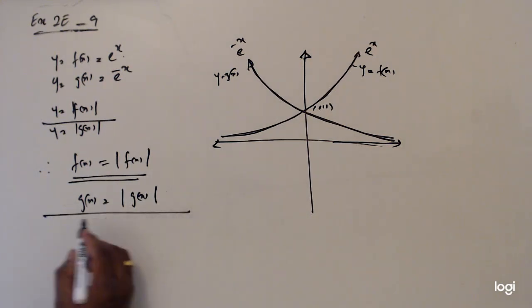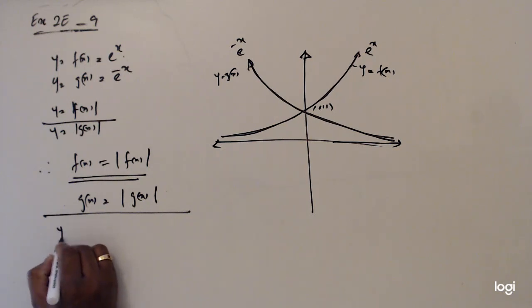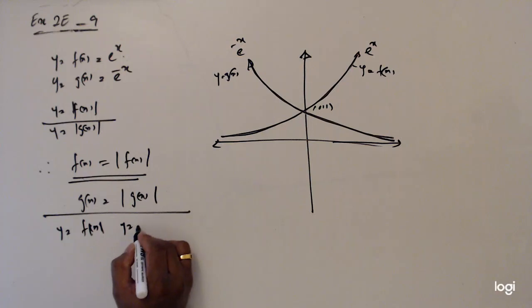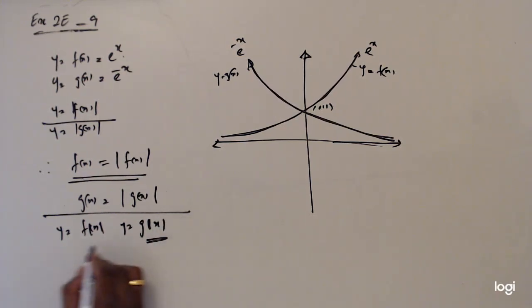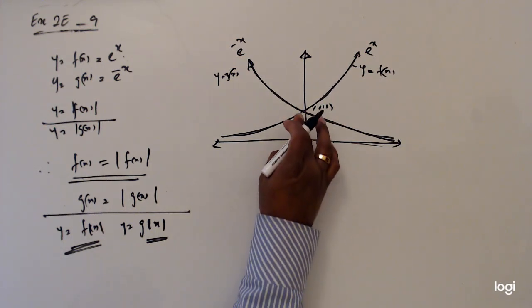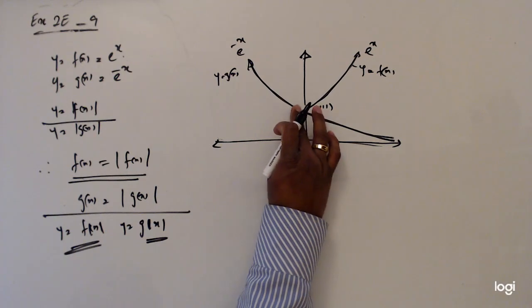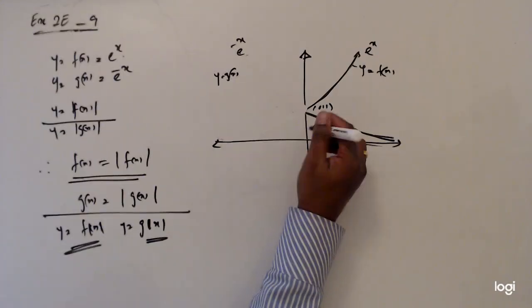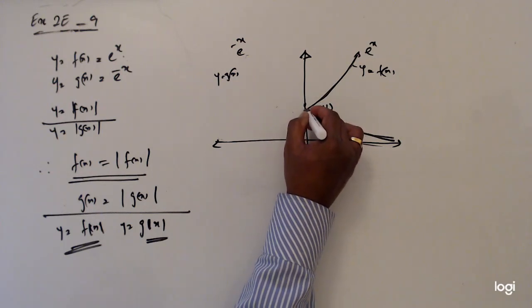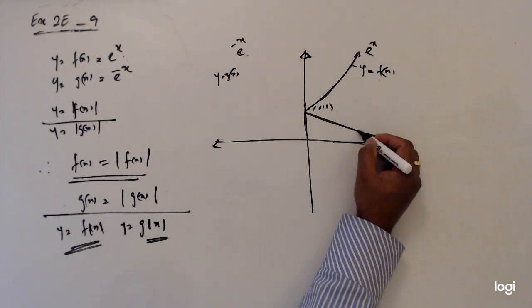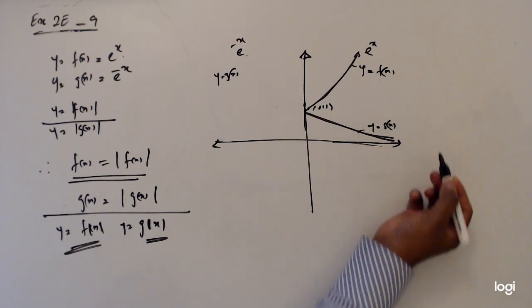And the next part, the last part, is y equal f mod x and y equal g mod x. We want to draw them on the same axis. Basically, we know that we are not interested in the left side of the graph, after the origin. So this is f(x), this is y equal g(x).